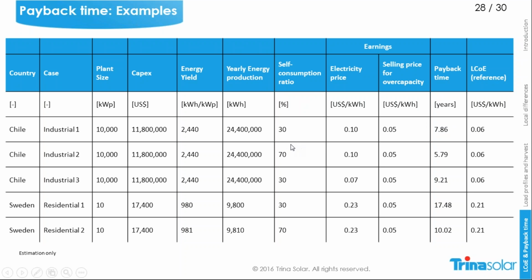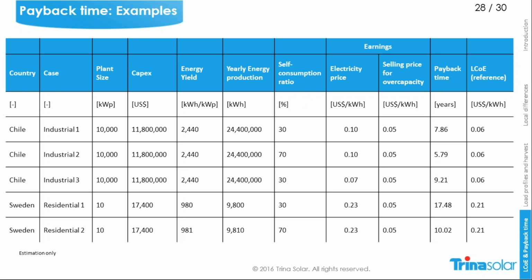If you now increase the self-consumption rate, because we have a different customer and the self-consumption rate is 70%, with the same electricity price and the same selling price, you will directly reduce the payback time from 7.9 years to 5.8. That means for your customer, who basically has the advantage of reducing the energy bill, it's very important to have a high self-consumption ratio.